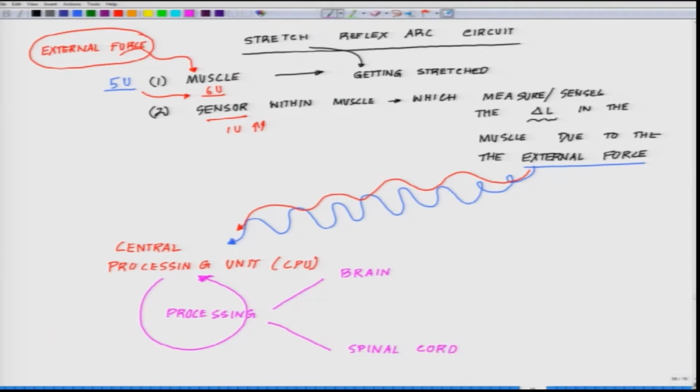Now, this information is processed and it calibrates that there is a change in length, delta L, which in this case is say 1 unit.